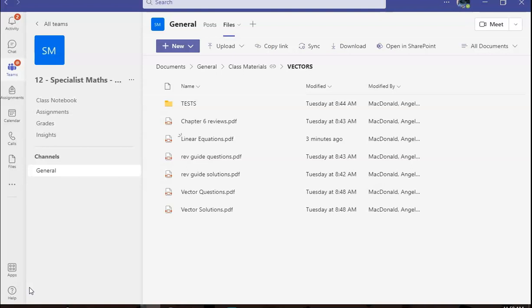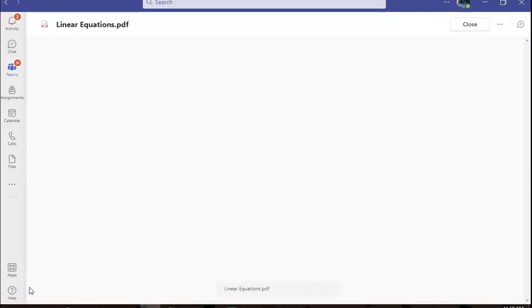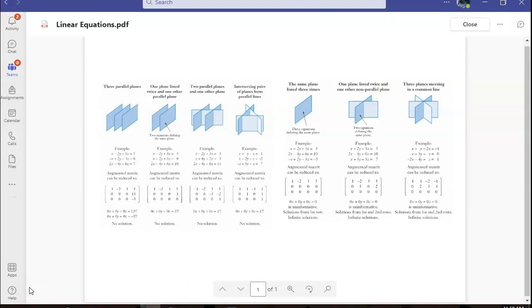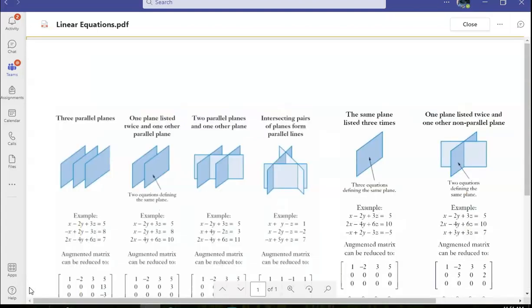Right. So linear equations, if you have a look at that. Unique solution when they all, so I don't think we need that one, but it's just showing you.